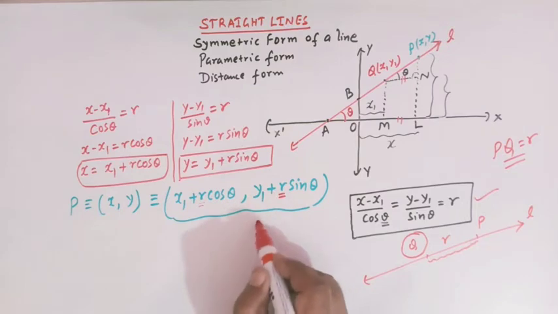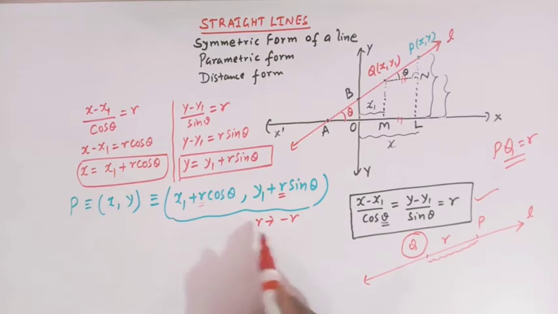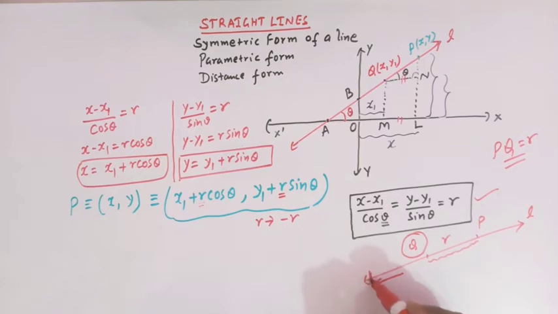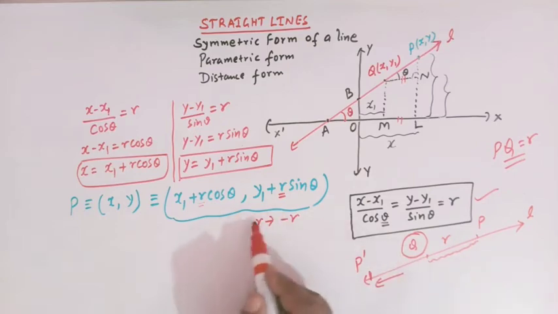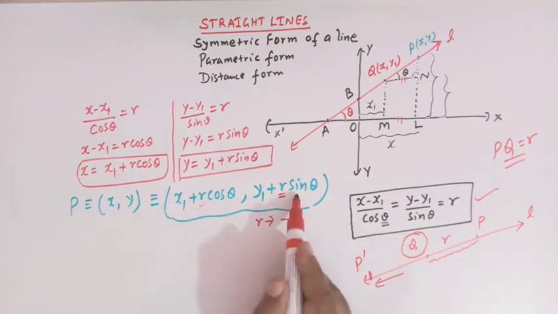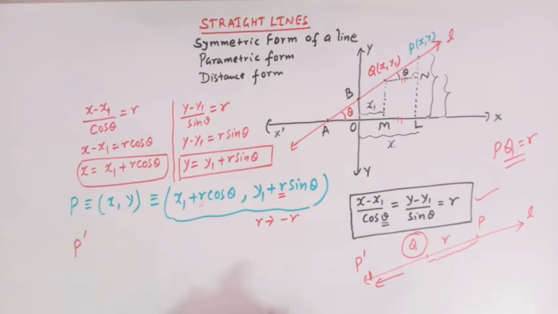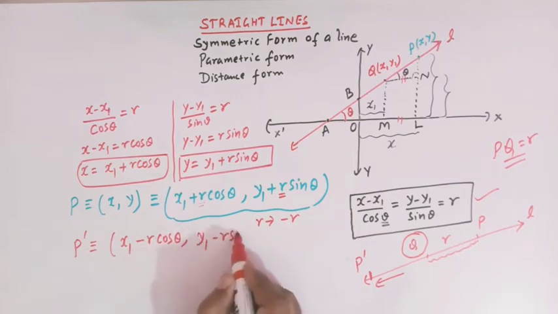And now this is the third observation. If we replace r by minus r, it means we are moving towards this other side, and let us call this point P prime. If we replace r by minus r in these coordinates, we get the coordinates of the point P prime, which are (x1 minus r cos theta, y1 minus r sine theta).